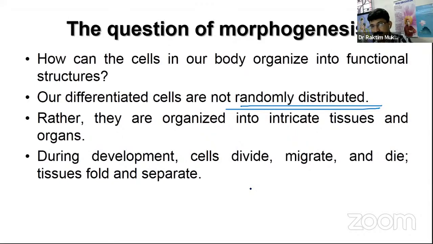I think I will give you an example to help you understand better. When you talk about the question of morphogenesis, our fingers are always at the tips of our hands. Have you ever seen the fingers not on the tips of our hands, gone accidentally towards our feet or any other structure? That doesn't happen.